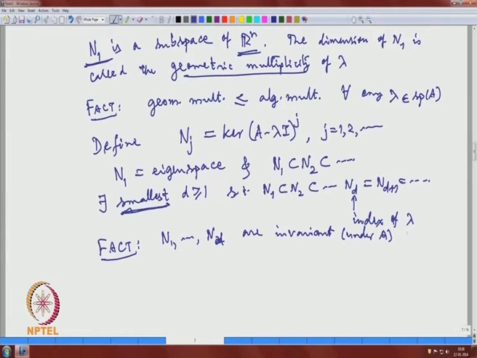So, these are invariant subspaces of R^n, and more importantly, the dimension of Nd is equal to the algebraic multiplicity.